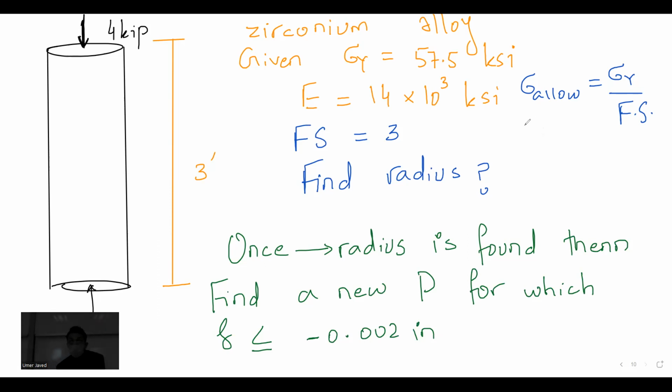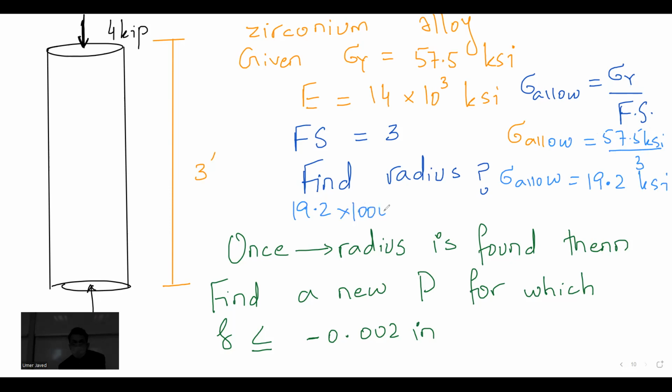Sigma allowable equal to yield, which is 57.5 KSI over 3, right? So sigma allowable is 19.2. So we have 19.2 into 1000 pound per square inch, right?